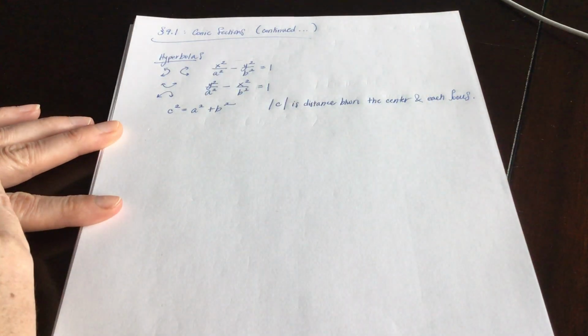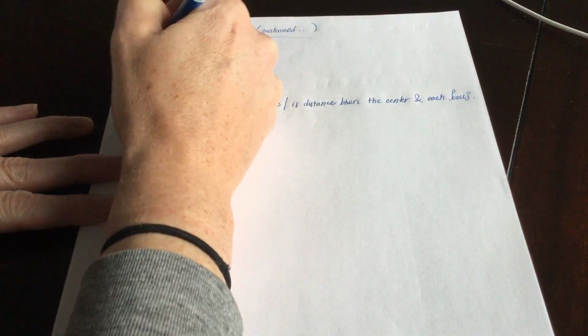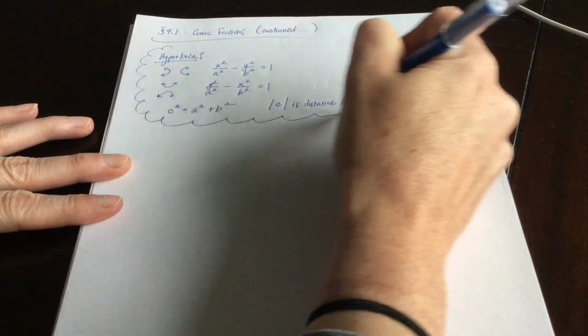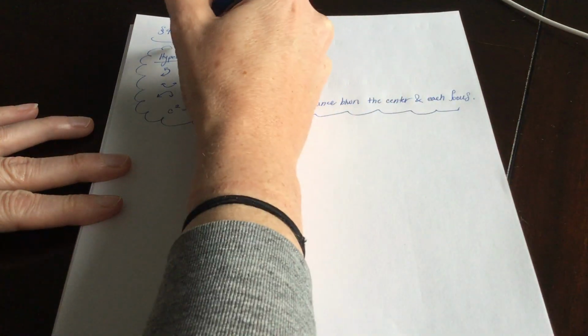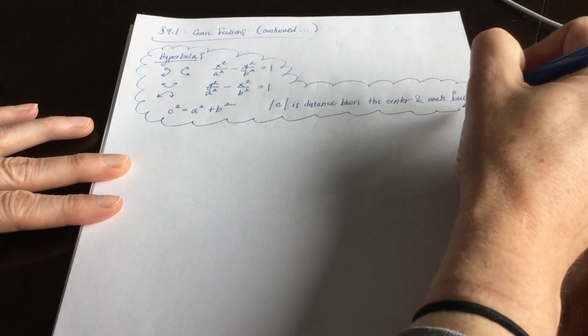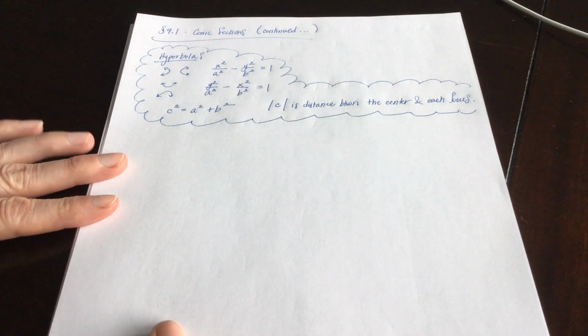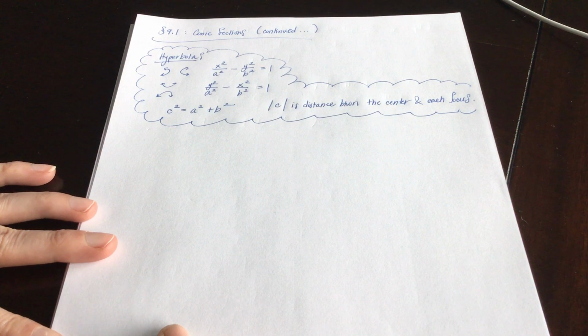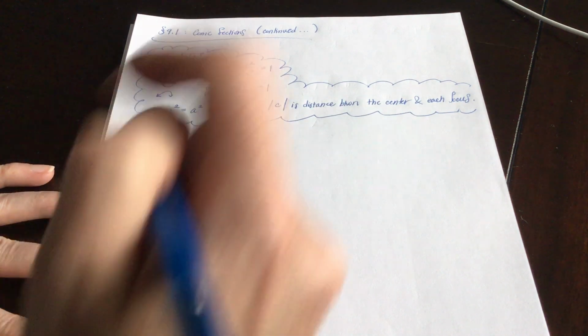Okay, so this is the main idea. The equations that I have written here are for if a hyperbola is centered at the origin, and then we know shifting rules, so it'd be really easy to know what to do if they're shifted off the origin.